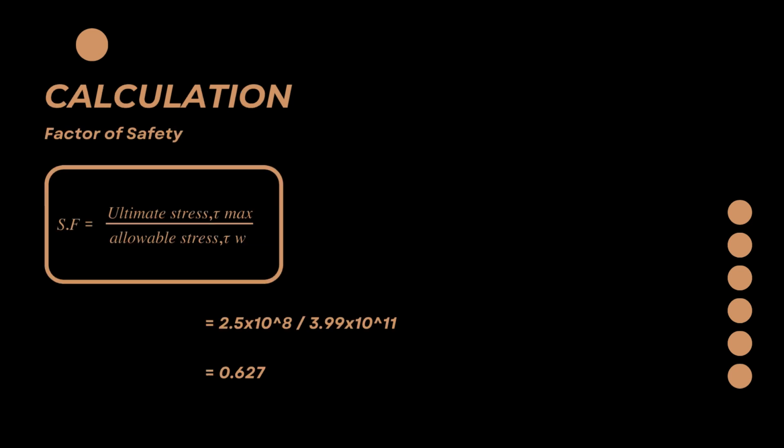Okay, for calculating the factor of safety, we can find it by ultimate stress, which is Tmax, divided by allowable stress, which is Tw.